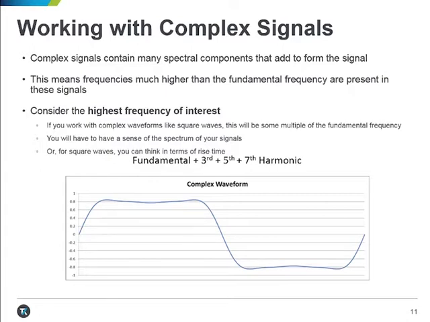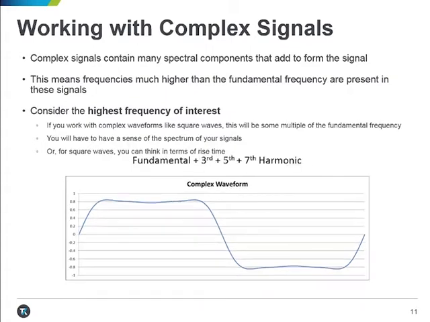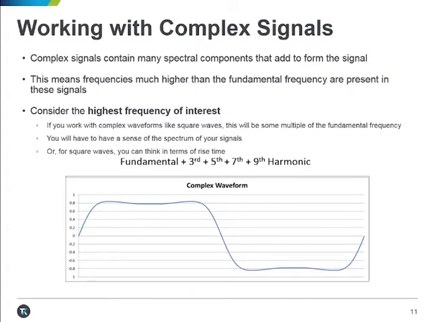You'll notice that as I add even higher harmonics, the edges get even steeper. This shows the relationship between bandwidth and rise time. I will talk more about rise time in just a few minutes. In general, a higher bandwidth will provide a more accurate representation of the signal you're interested in.